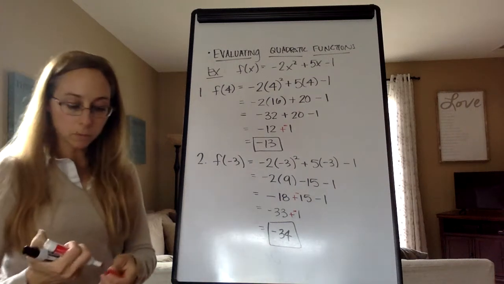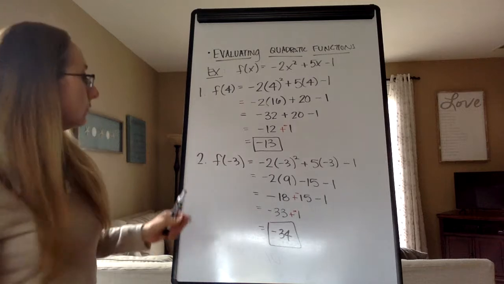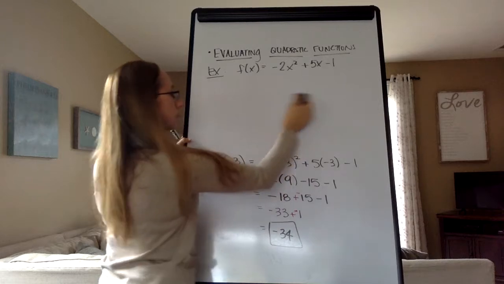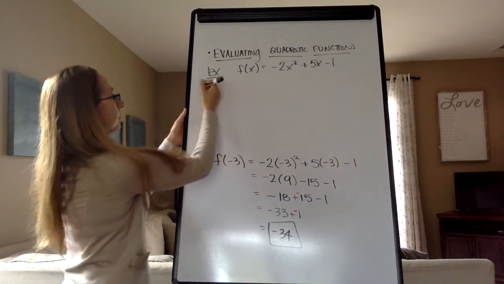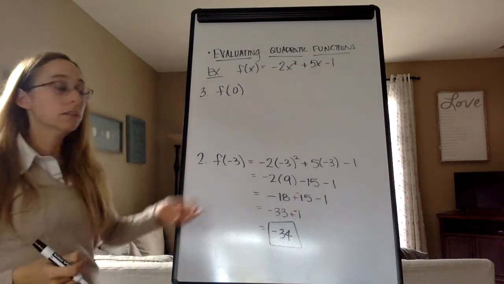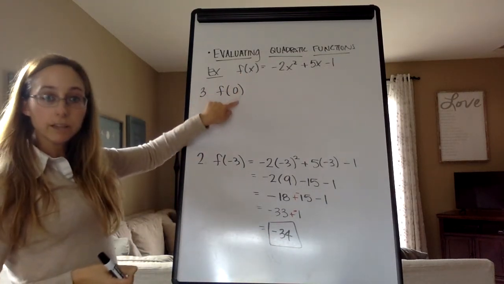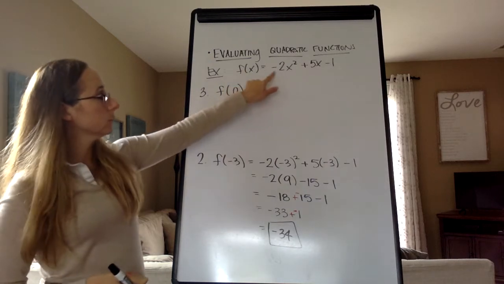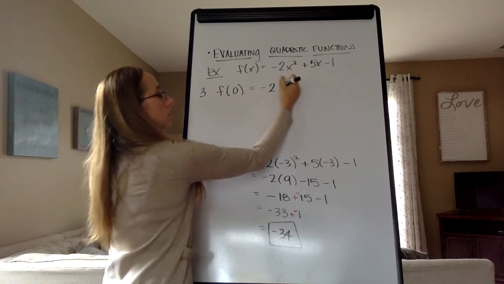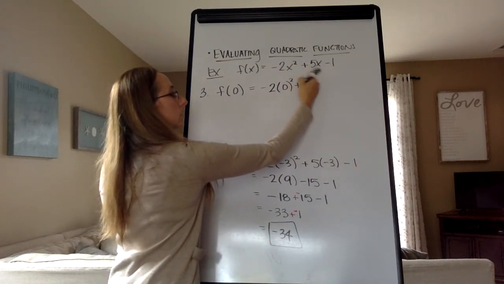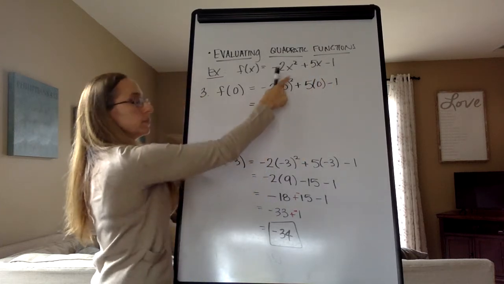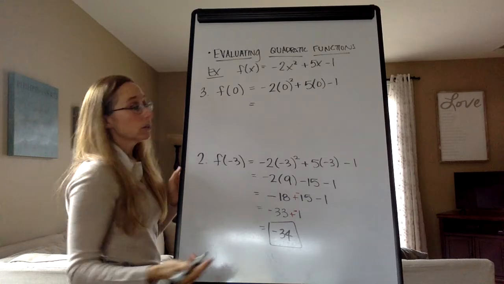All right, let's go ahead and look at one more. Let's look at f of 0. So again, evaluating the function f at the value of 0. So we're going to plug in 0 in for x and evaluate the function. So we have negative 2 times 0 squared plus 5 times 0 minus 1. 0 squared, so 0 times 0 is still 0.